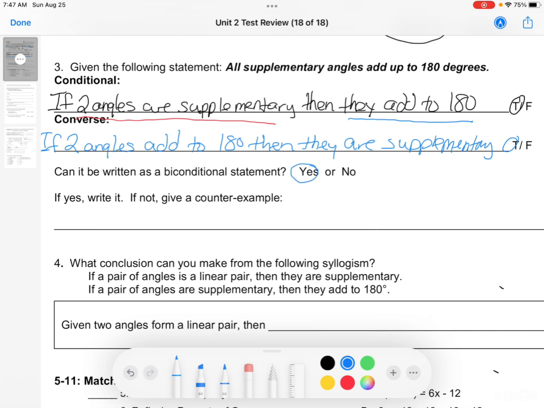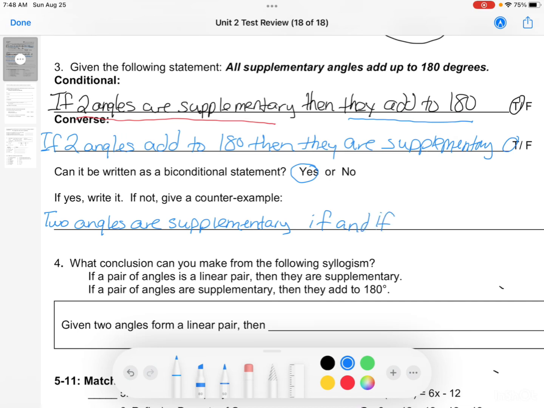And so since they're both true, they can be a biconditional. A biconditional is a statement that works true both ways, if we flip it like we just did with these two sentences, and then you write an if and only if in the middle. So two angles are supplementary if and only if they add to 180.